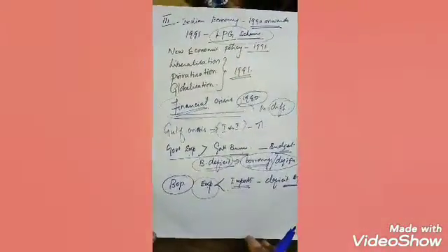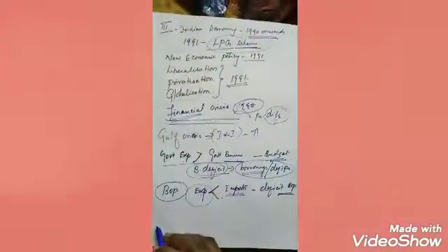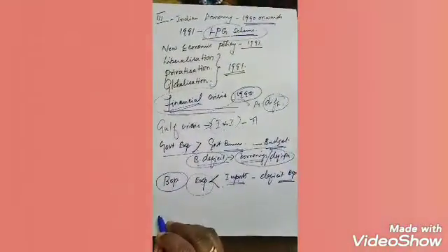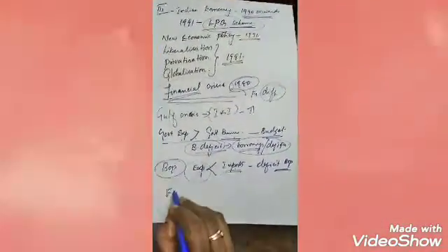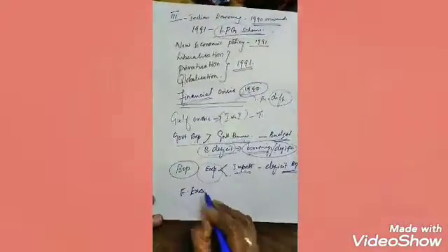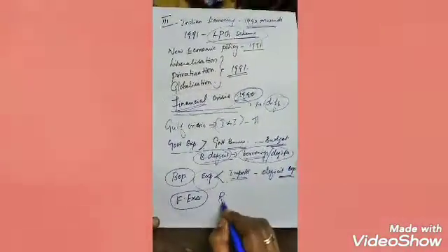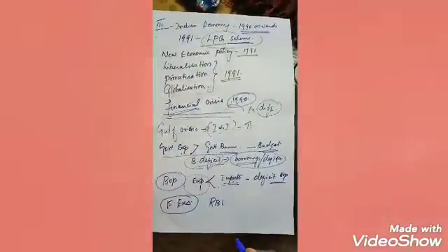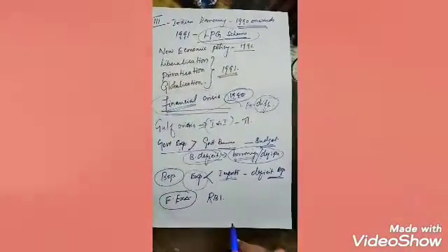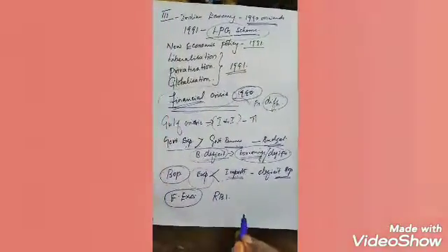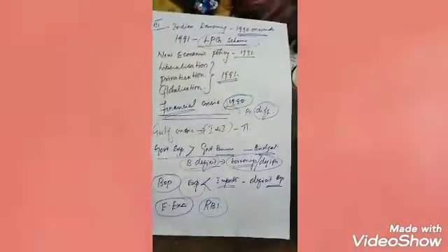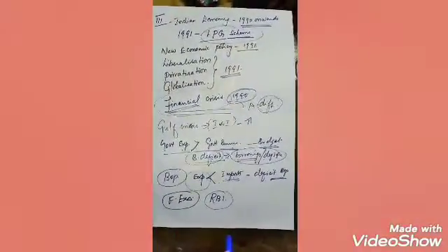That way we have learnt. The third one is the fall in the foreign exchange reserves. Usually, who keeps the foreign exchange? It is in the hands of the RBI. It is one of the major functions of the RBI, that means custodian of the foreign exchange. Why do they have to keep it?